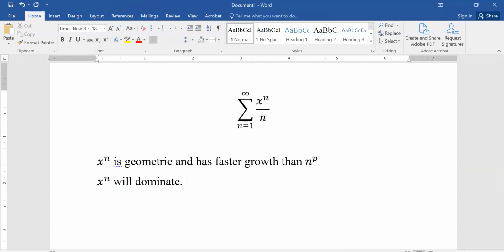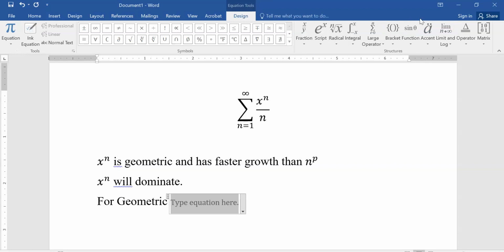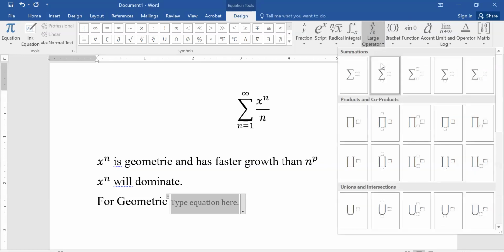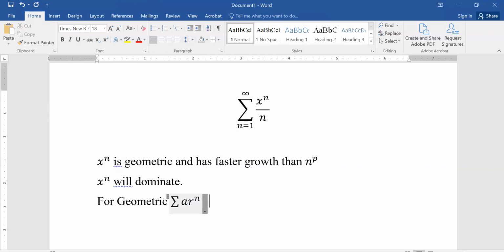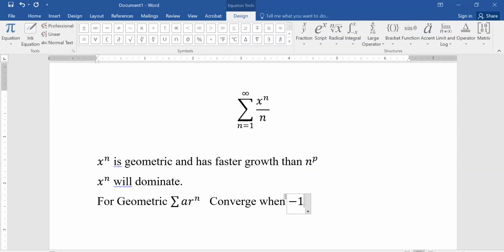Now we know something about geometric series. For geometric series, if we have an infinite sum of a r to the n, we know that this thing will converge when r is between -1 and +1.